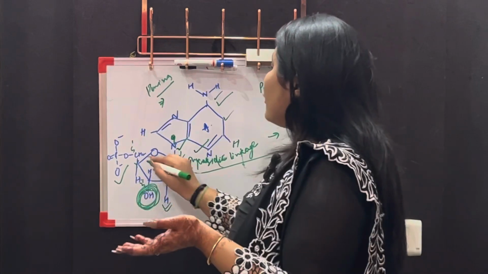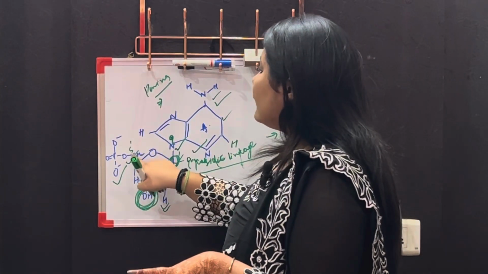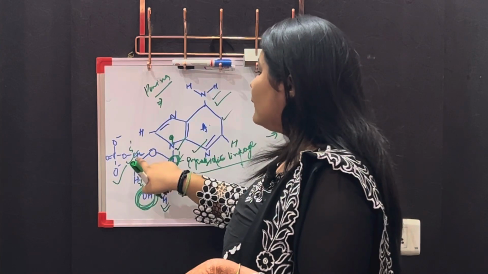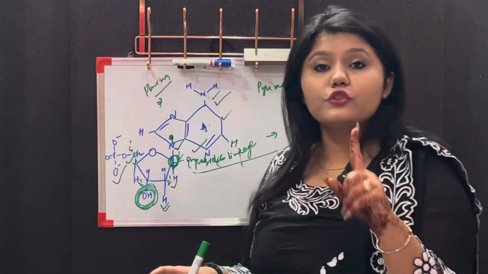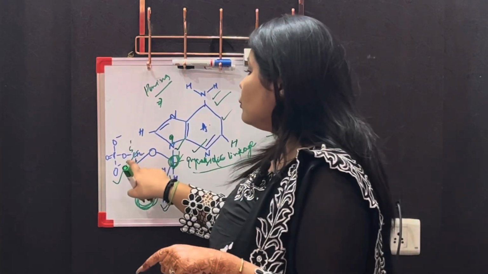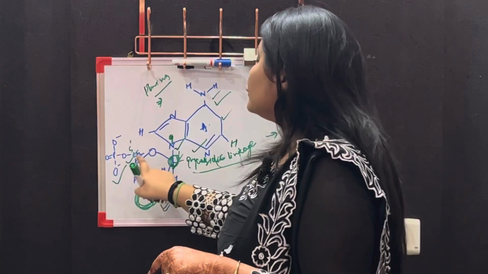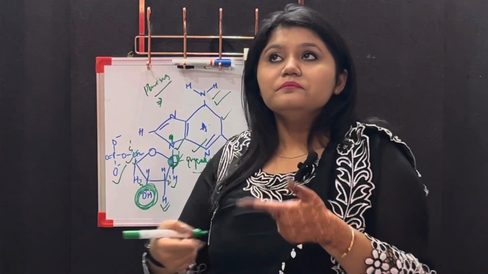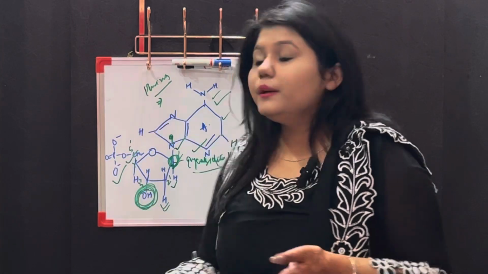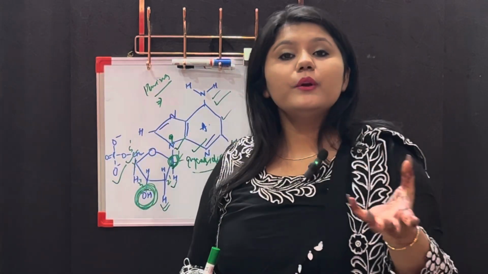Now there is a bond formed here also, between the alcohol and the acid. Because this is CH2OH, as I showed in the structure of purine, here it is CH2OH and here it is the phosphoric acid group. When the phosphoric acid group and the CH2OH form a bond, it will actually be an ester bond. Why do we call it an ester bond?